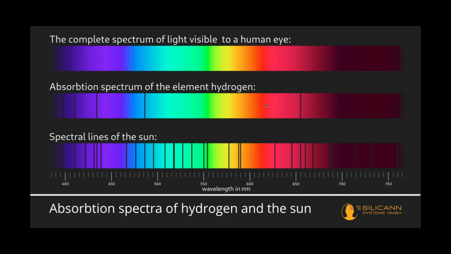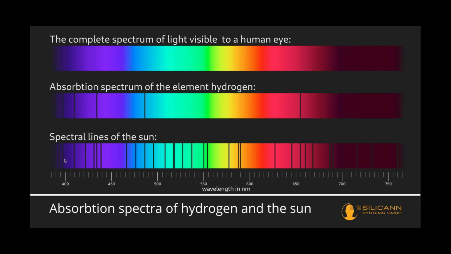So this is what scientists can do. Scientists can look at a piece of material, figure out the spectral lines coming from that material, in this case the sun, and then we can line up these little dashes with the absorption spectrum of elements that are here on Earth.